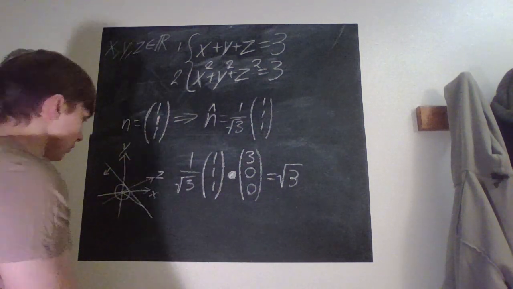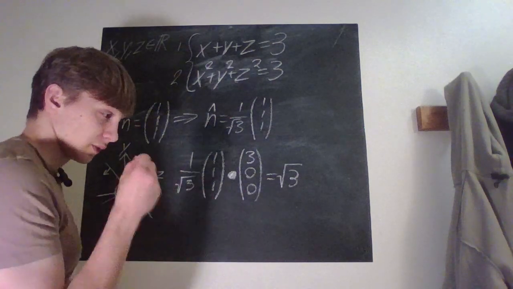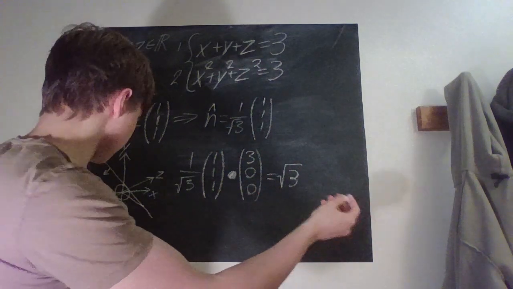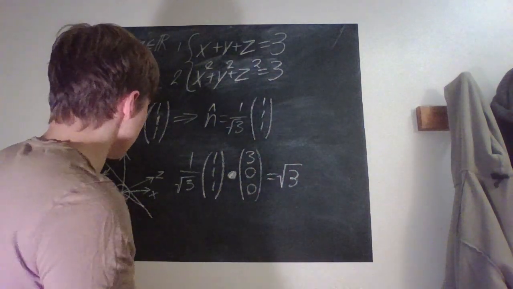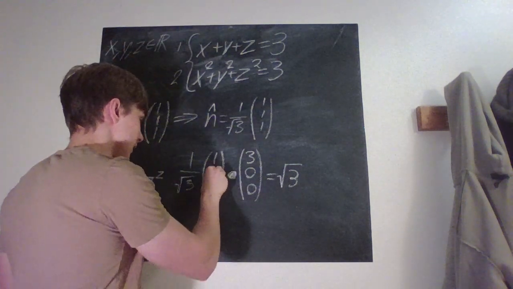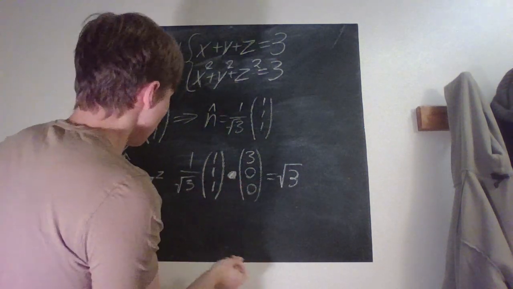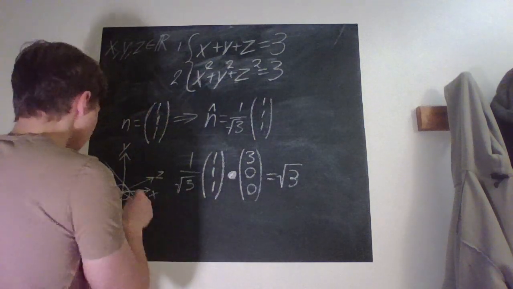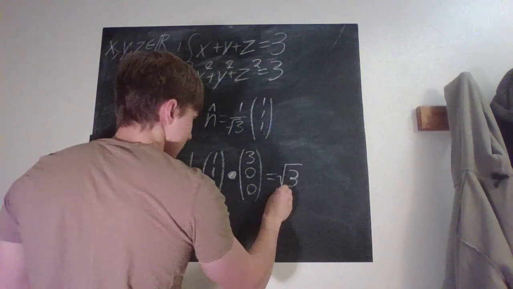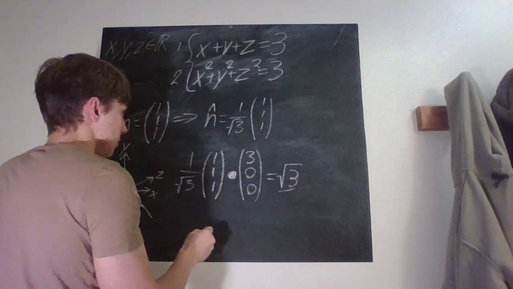All we have to do now, since we're going from the origin point to the plane, and we know that this is the normal vector, then the point that touches the sphere is just this distance times the normal vector.